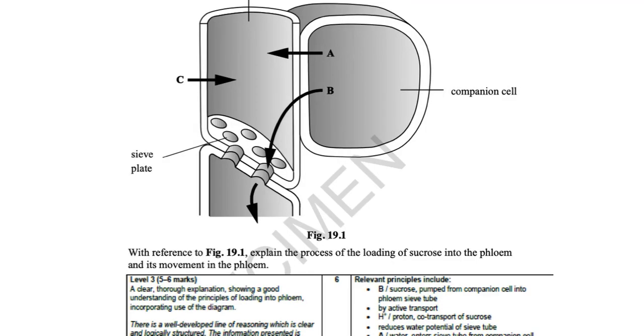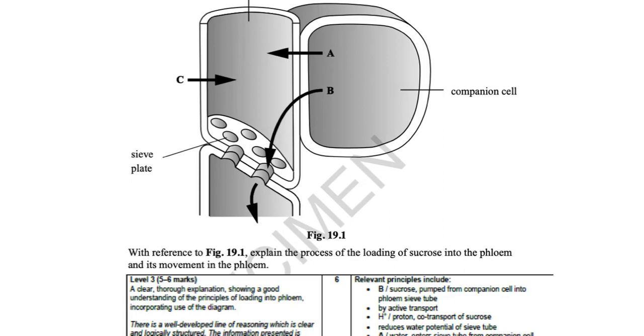So this asks you to explain the process of the loading of sucrose by referring to what's happening at A, B and C. So what we have here is B is the active loading of sucrose into the sieve tube element, which is going to lower the water potential in the sieve tube element.